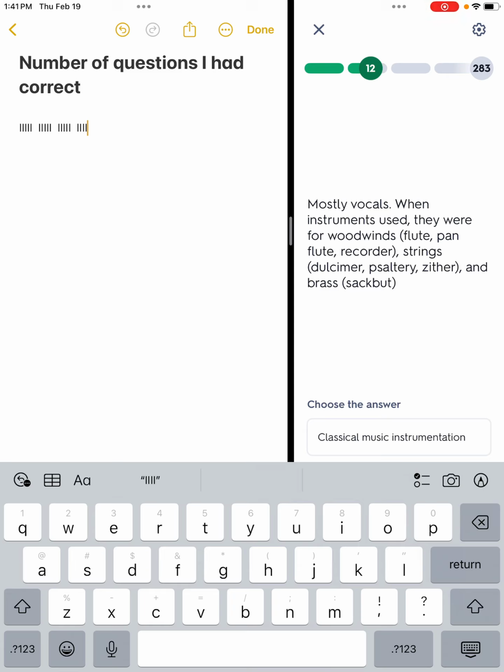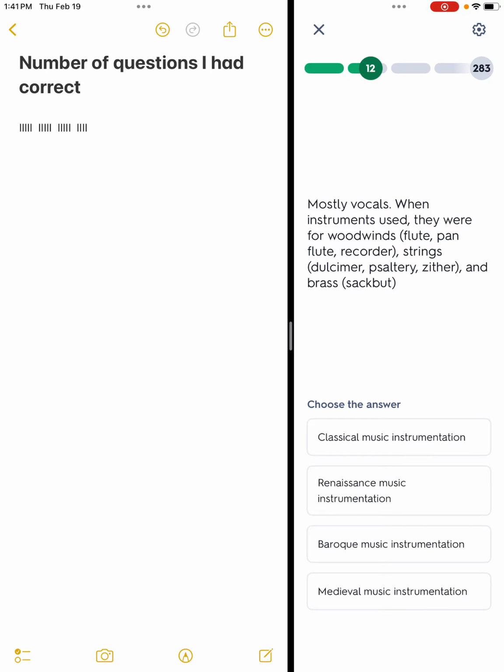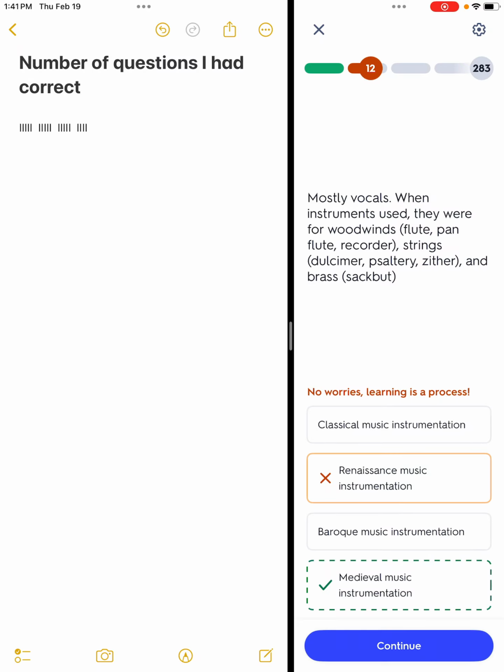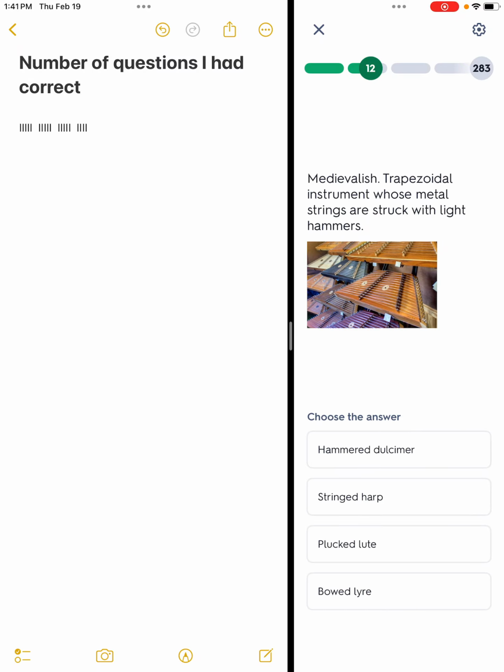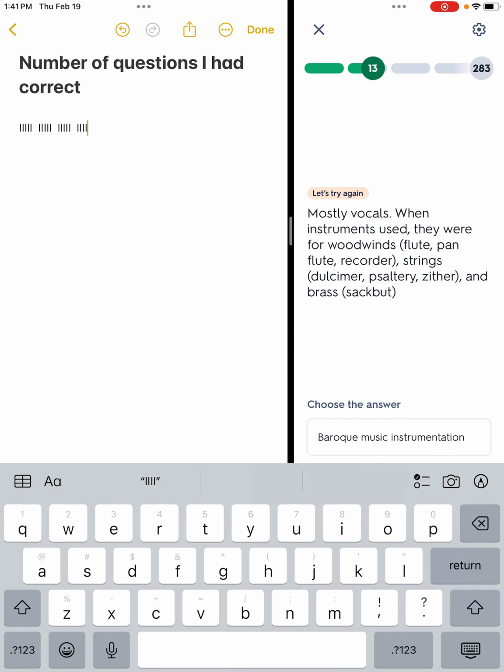Alright. Mostly vocals. When instruments used, they were woodwind, flute, pan flute, recorder, strings, dulcimer, psaltery, zither, and brass sackbut. Oh, that's called wait, no. Wait a minute. Excuse me. Renaissance? Medieval. Okay. Hammer dulcimer.